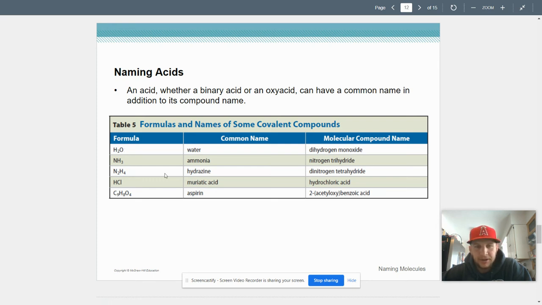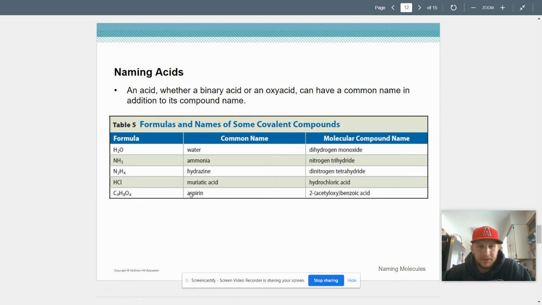Ammonia, NH3, our technical name for this would be nitrogen trihydride, right? 1 nitrogen, 3 hydrogens. Hydrazine, dinitrogen tetrahydride, because of 2 nitrogens, 4 hydrogens. Muriatic acid, or as we call it, hydrochloric acid, because it's binary and we use our H, meaning hydro, and then we use our root word, chloric acid.